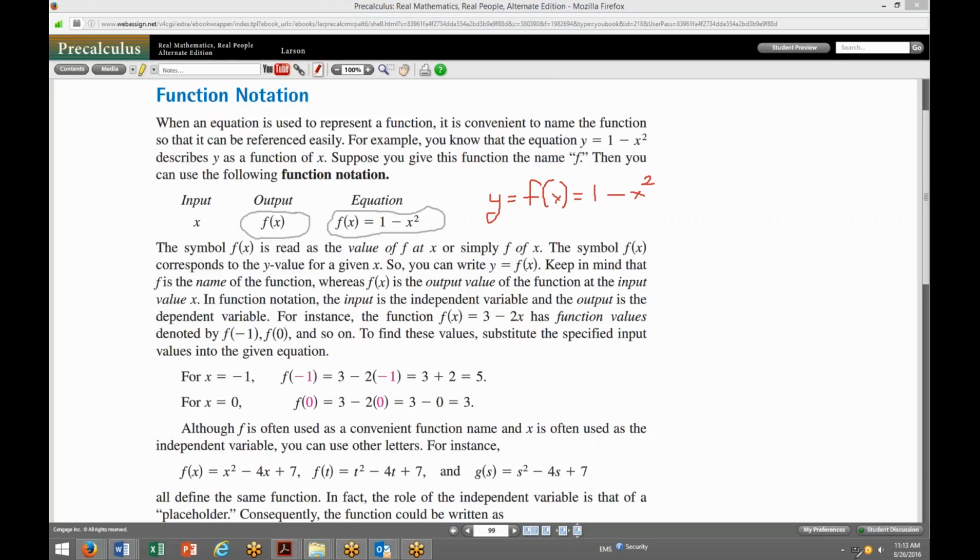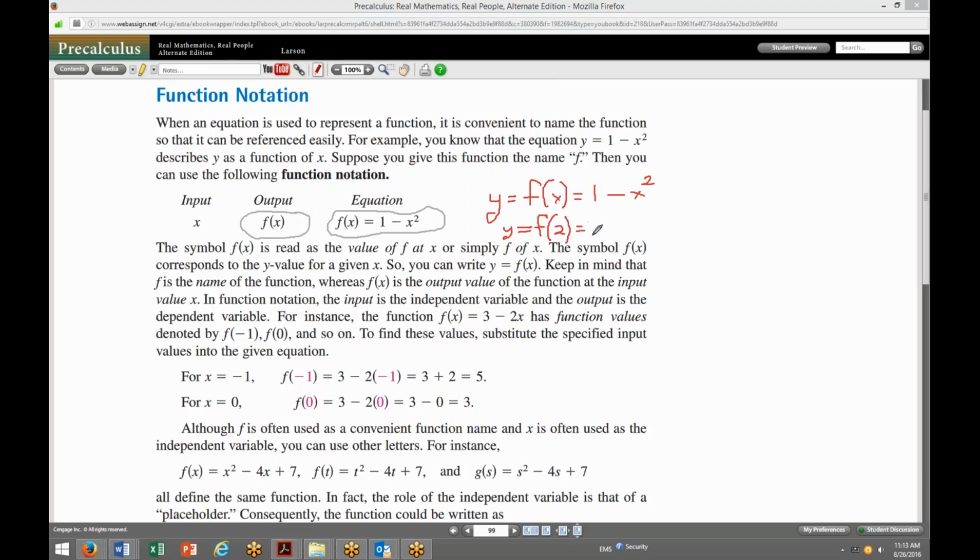Now with this notation, it gives us the opportunity to input specific amounts into that parentheses. For instance, how much is y if x equals 2? Well, we can now say y equals f of 2, and since we're specifically looking at x being 2, y by itself doesn't allow us to introduce the number 2, but with this new function notation it does. So y is what we're going to call f of 2.